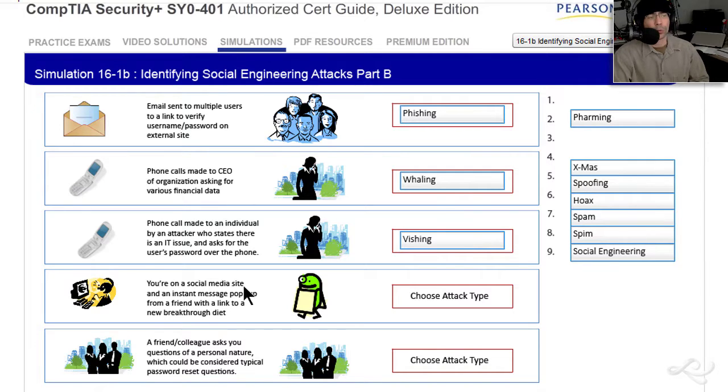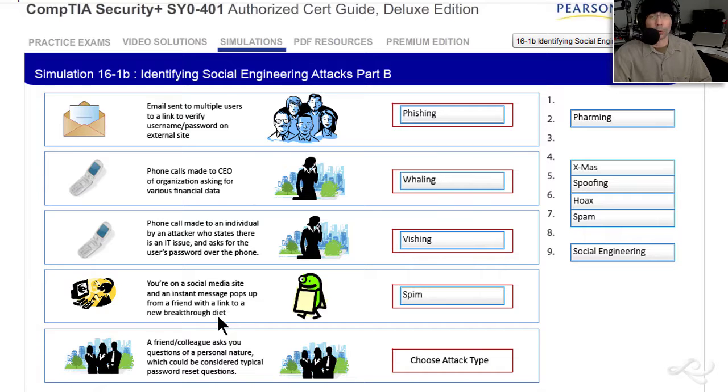Fourth, you're on a social media site and an instant message pops up from a friend with a link to a new breakthrough diet. This is going to be known as spam. Now, within email it would be known as spam, and within social media sites we call this spam too. It's the same type of thing: advertisements that you may or may not be interested in, home mortgages, pharmaceuticals, stuff like that.